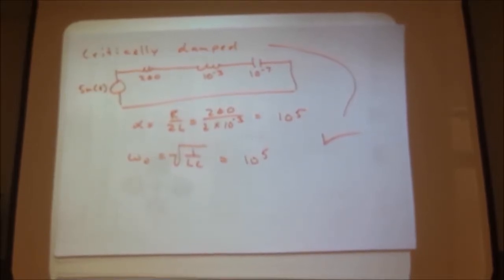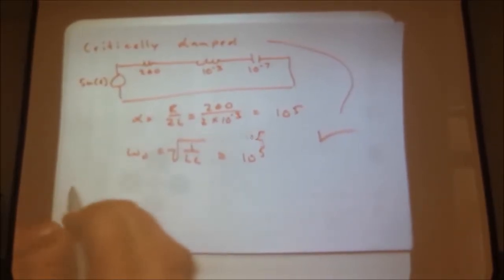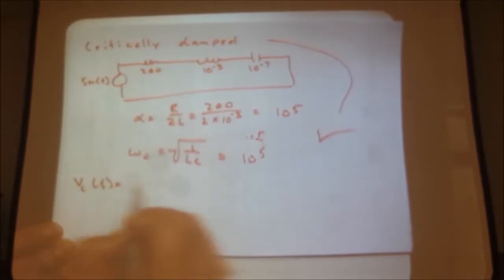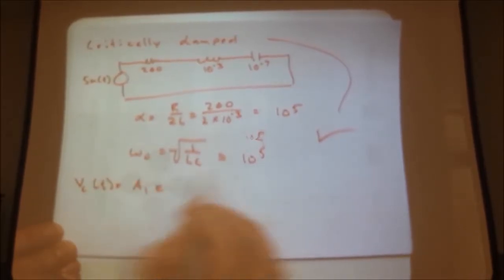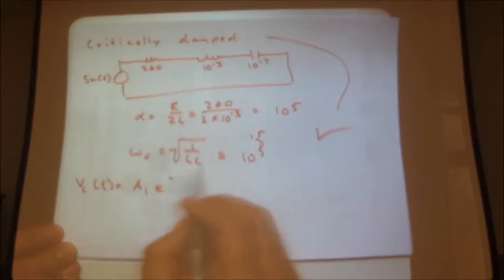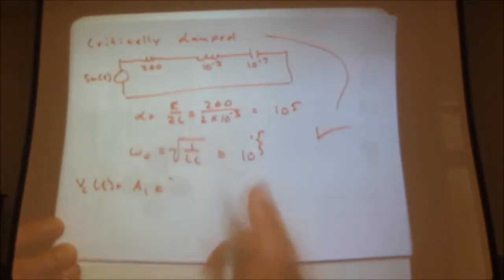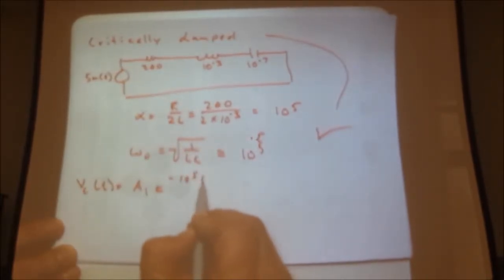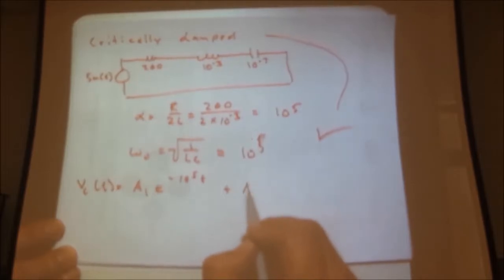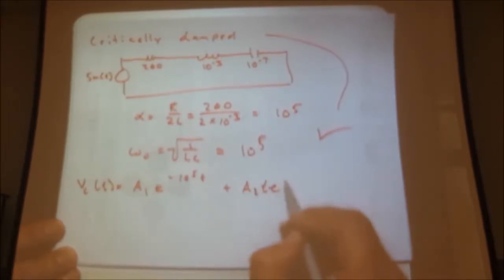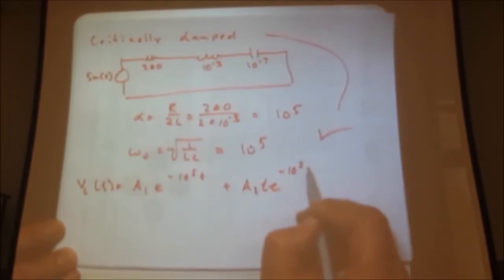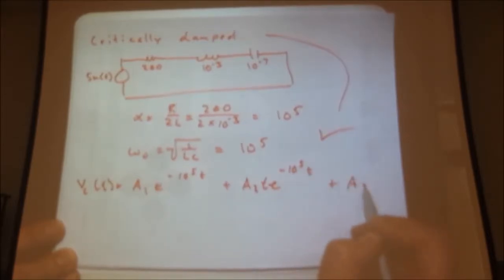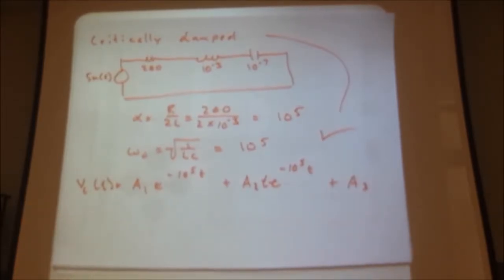What's our solution form? Vc of t, A1 e to the minus alpha, in this case 10 to the 5th t, plus A2 t e to the minus 10 to the 5th t, plus A3 because we have a step function source. And the same reasoning applies.